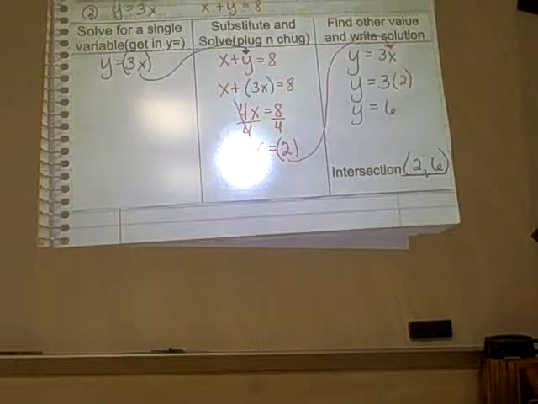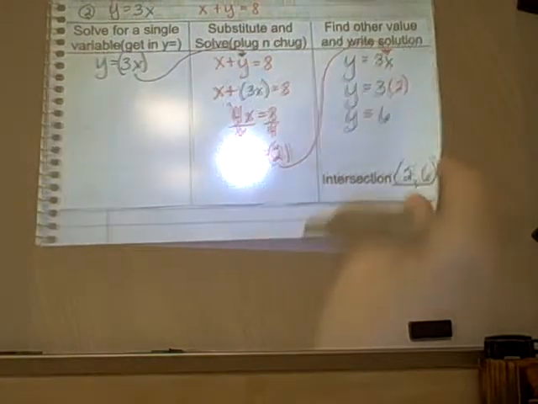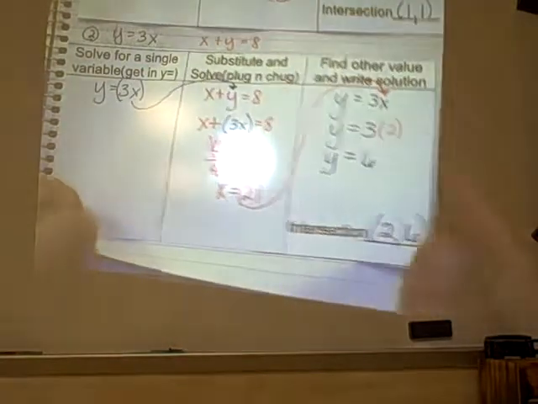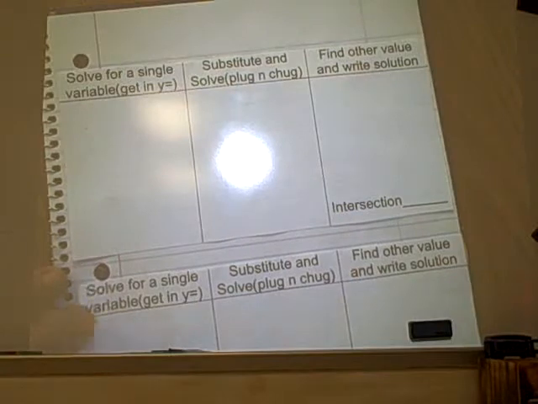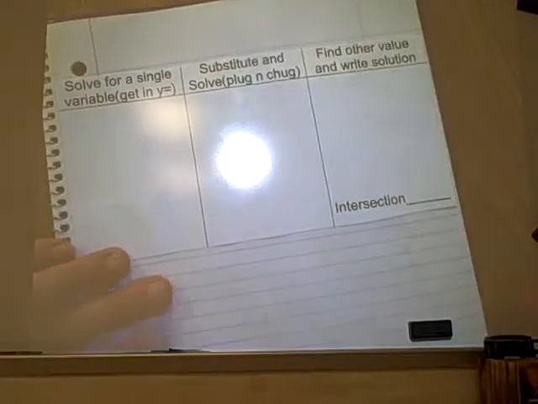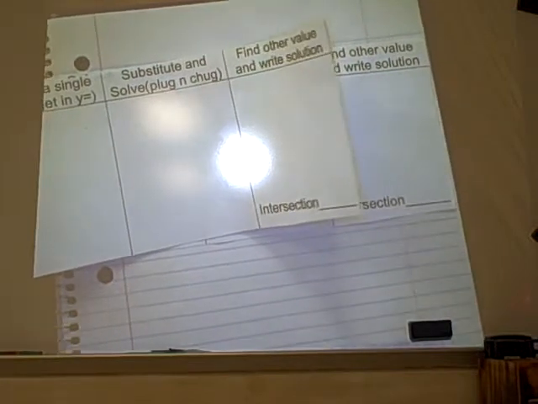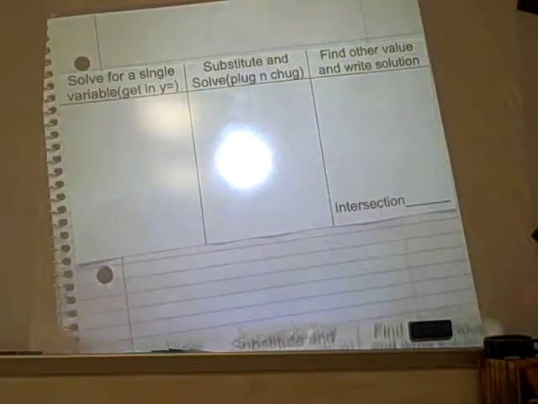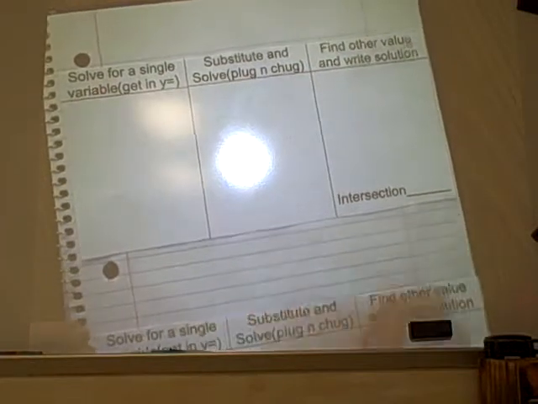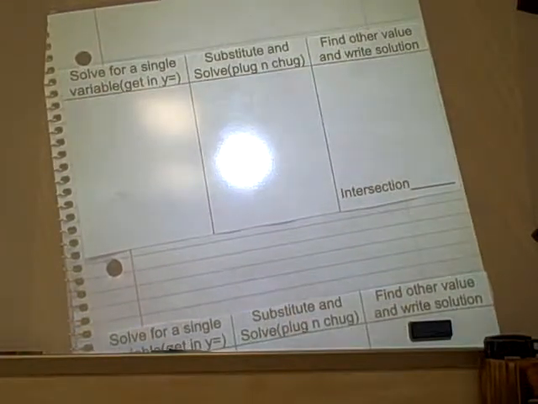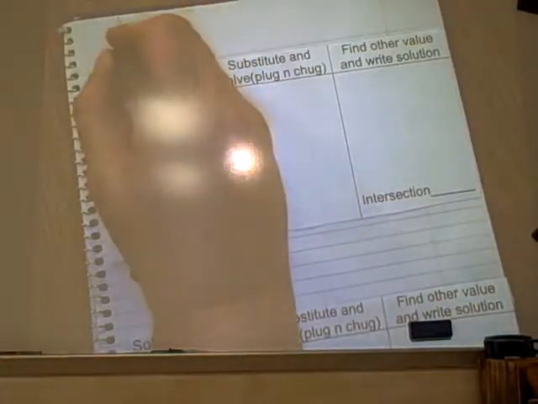Okay, so those are two that were pretty easy because they already had one with the letter all by itself. So the next two that we do, we may have to do a little bit more work first, but that's okay. Okay, so number 3.